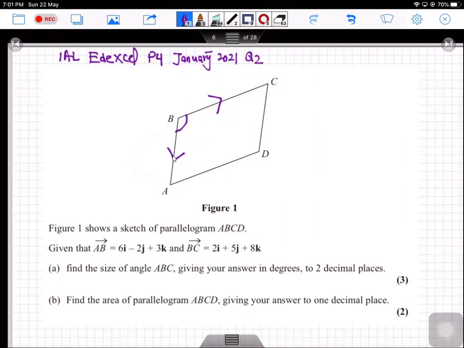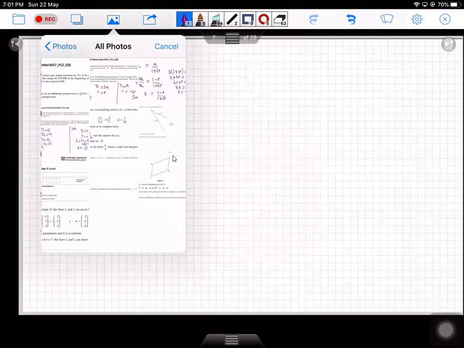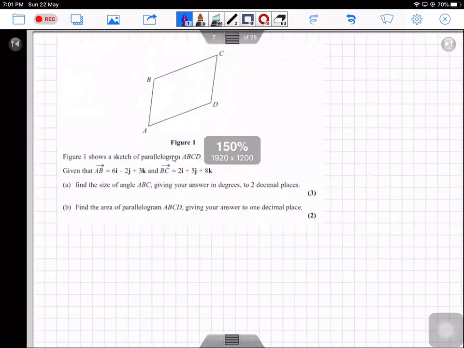I'm going to select this: if I'm using this AB vector, I'm going to use the CB vector, not the BC vector. I'm doing it this way so that both vectors are converging to the point B. So I'll do the working on this next page. So AB vector and CB vector.